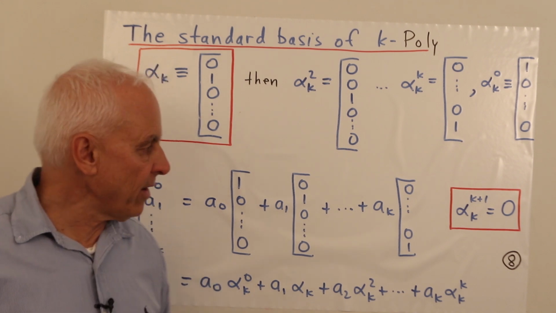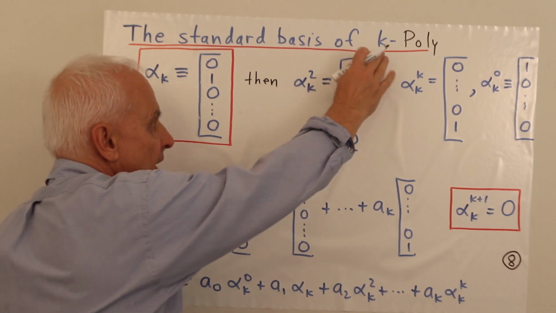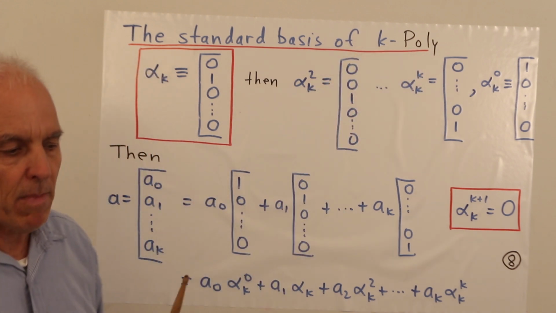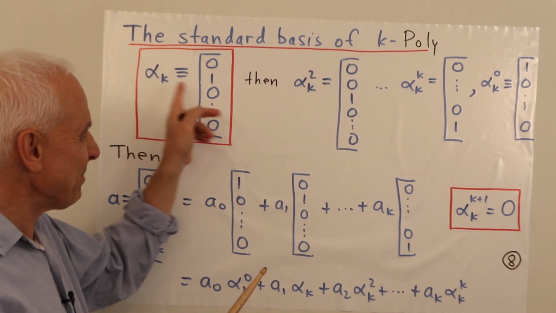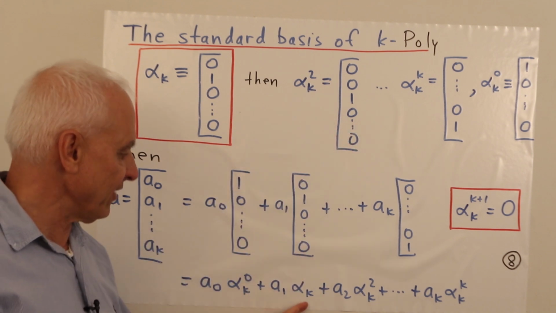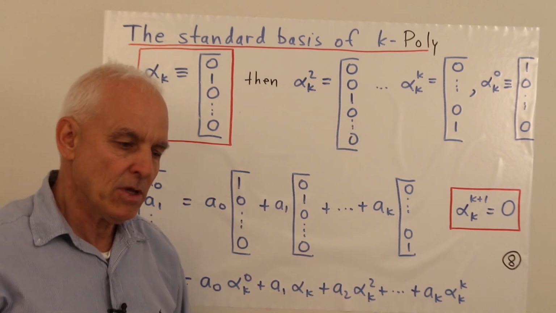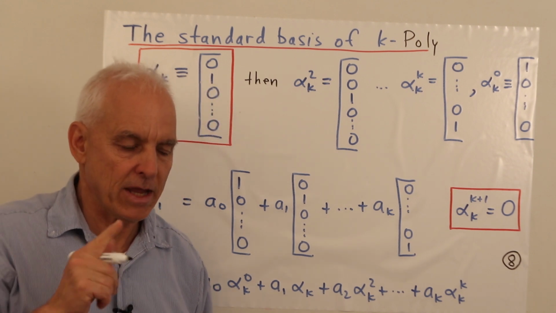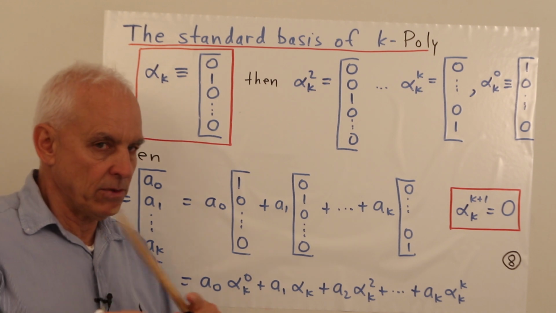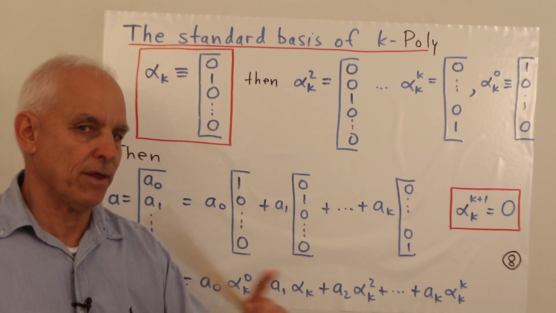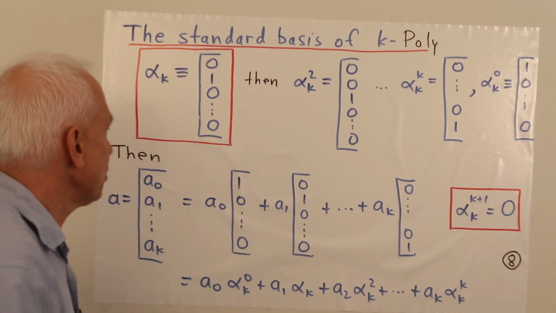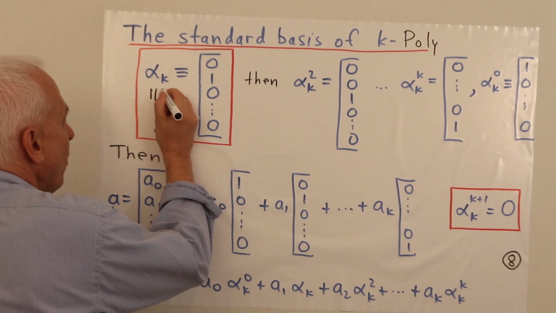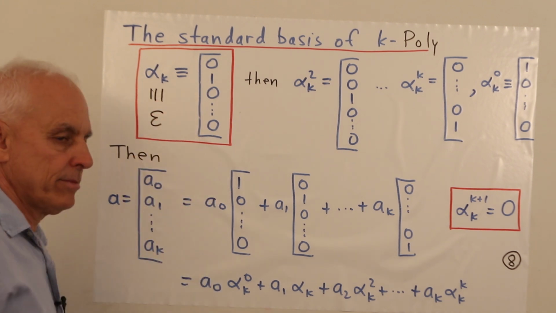Now, we will sometimes, when we're knowingly working in k-poly, we might not want to write these subscripts all the time because it gets kind of tedious to keep writing alpha sub k. So I'm going to introduce a shortcut for that. Okay, but the shortcut is not alpha, because then there's possibility of confusion with the polynumber story. Here's what the shortcut is going to be. We're also going to just call this epsilon.